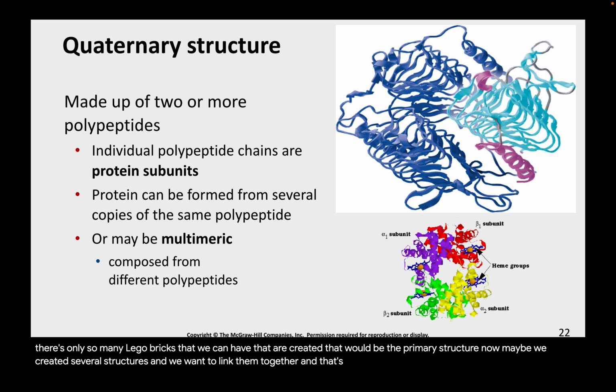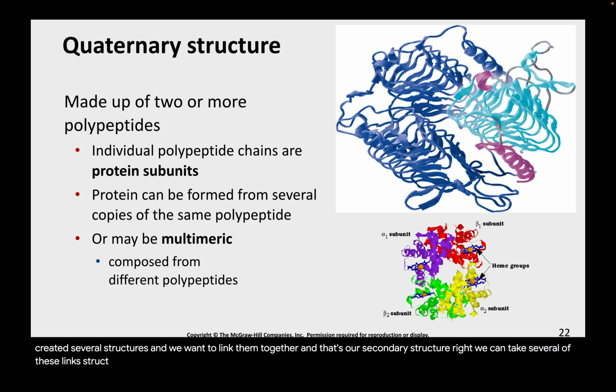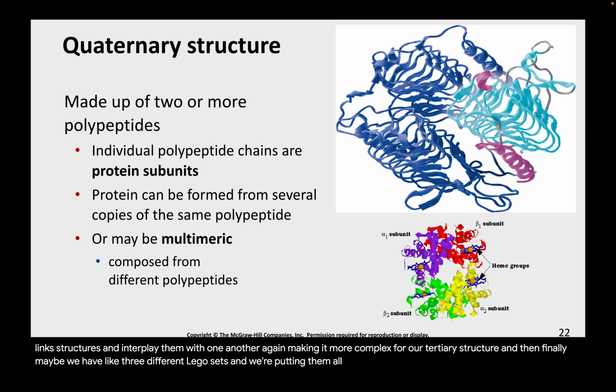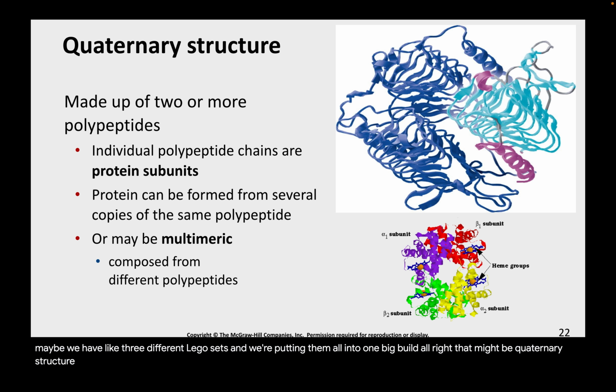Maybe that's our secondary structure. We can take several of these linked structures and interplay them with one another, again, making it more complex for our tertiary structure. And then finally, maybe we have like 3 different Lego sets and we're putting them all into one big build. And that might be quaternary structure. It's the best analogy I can come up with on the top of my head here.